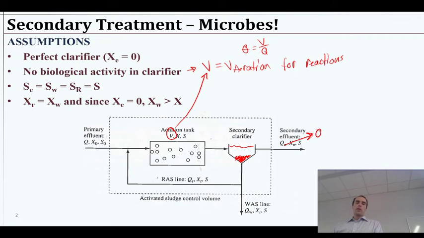The third is something that's not quite an assumption. It's just self-evident once you take a look at it, and that is when we separate the bacterial mass. That clearly makes a difference. The clarifier changes the bacteria concentration, but the substrate, which is our food, we're assuming is dissolved. So a gravity separation is not going to do anything to a dissolved compound, right?